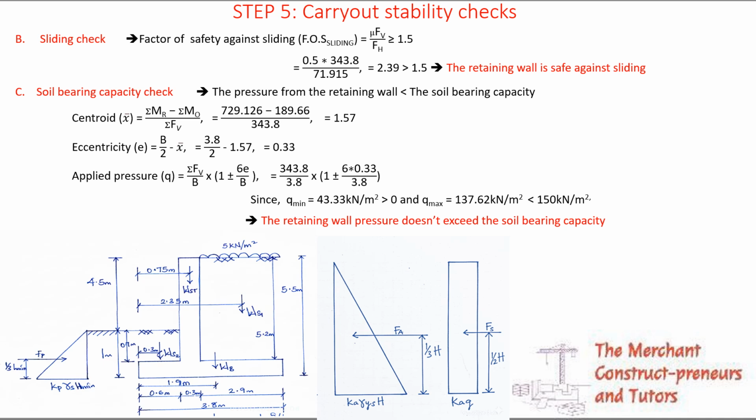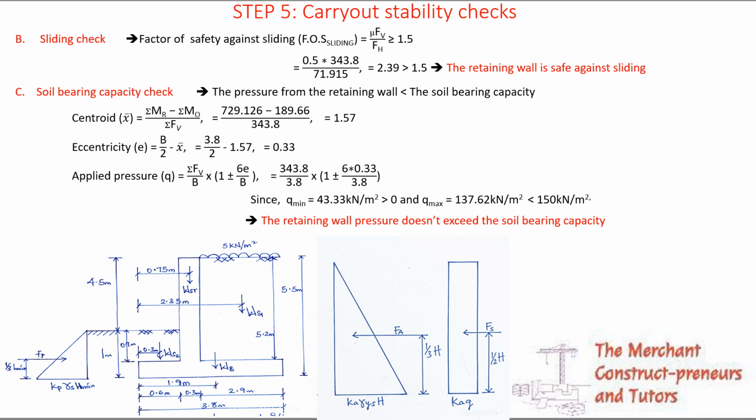The coefficient of soil is given by 0.5. So once we multiply this and divide it by the sum of horizontal forces, we have 2.39, which is greater than 1.5. So since we have this value, the retaining wall is safe against sliding. I hope this is clear.